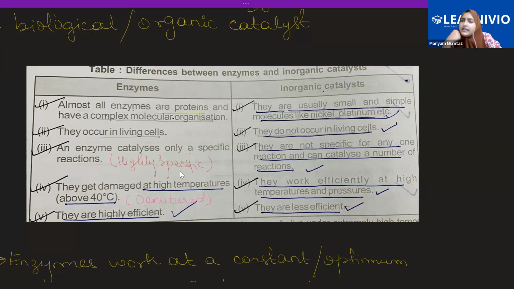But inorganic catalysts can work at any temperature, any pressure, any pH, no specificity. But enzymes are highly efficient, meaning the reaction you're using it for, it will cause that reaction 100%. Whereas inorganic catalysts are not so efficient. Clear?